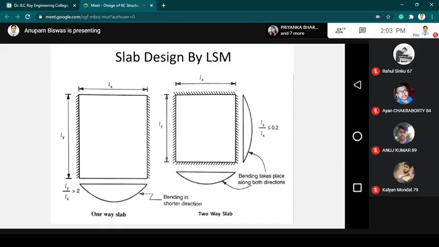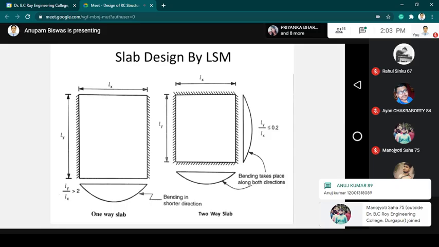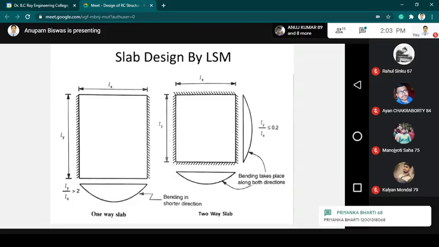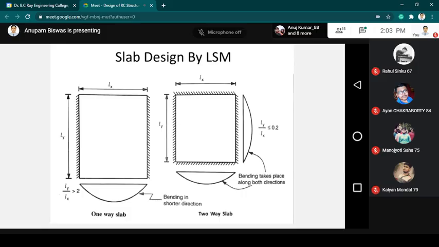So bending will be mostly in the shorter span, and if you see the support condition, two beams are supporting along the longer span. So this is how the bending takes place only in the shorter direction, if you see the bending moment diagram.